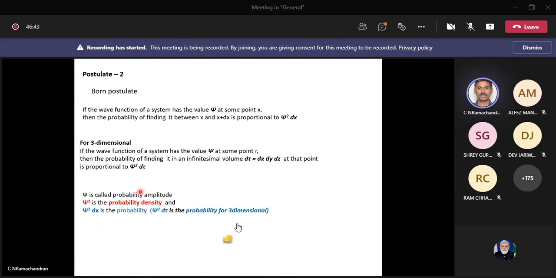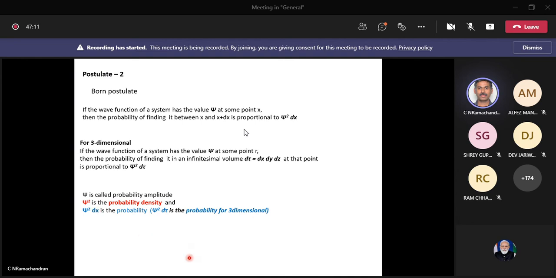Next, from the point of view of numerical problems, you have to note that psi, psi square, and psi square dx are different. Psi is called the probability amplitude, psi square is the probability density, and psi square dx is the actual probability. In principle, we will have to integrate later, so you need this volume element also.